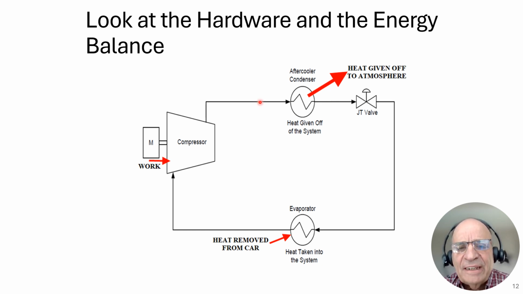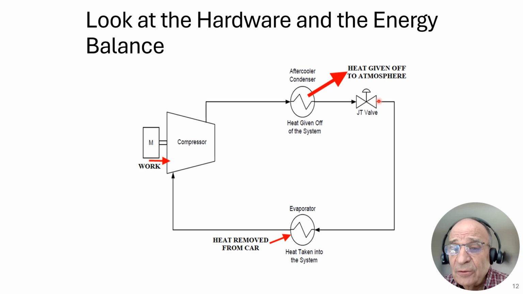And in removing that heat, this vapor, hot vapor, becomes a warm liquid, 100% liquid. And remember, at this point, we're at the inlet to the JT valve, so we're just left of the saturated liquid line. So this should be 100% liquid, drops in pressure, the vertical line going down, constant enthalpy.